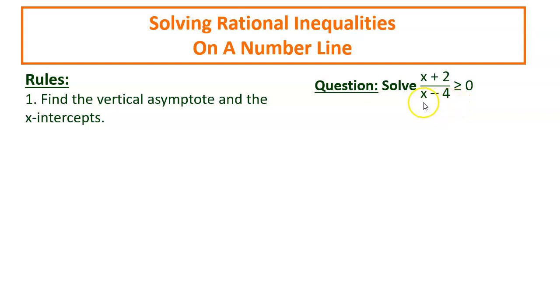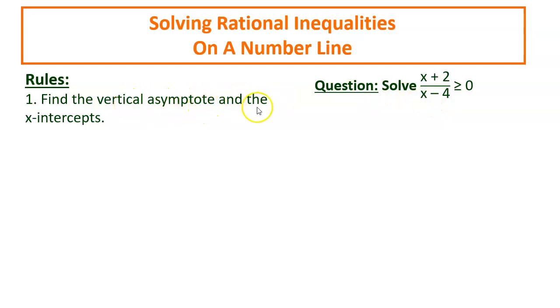And we cannot have a 0 in the denominator, hence we cannot have the value of x as 4. X is a variable, so it can take any value, but it cannot take the value of 4 because if it takes the value of 4, then the denominator will become equal to 0, which we cannot afford to have. So the x value which cannot be taken will be the vertical asymptote.